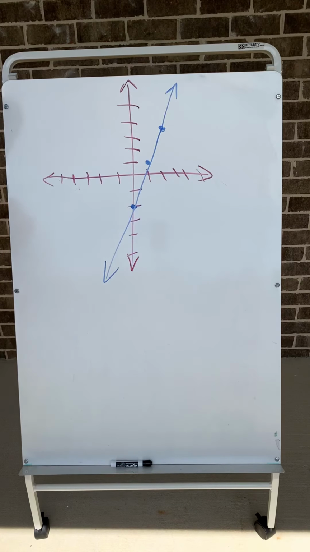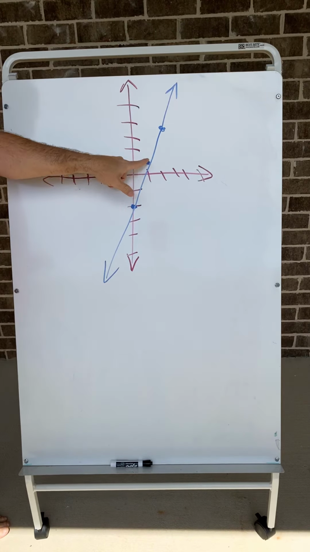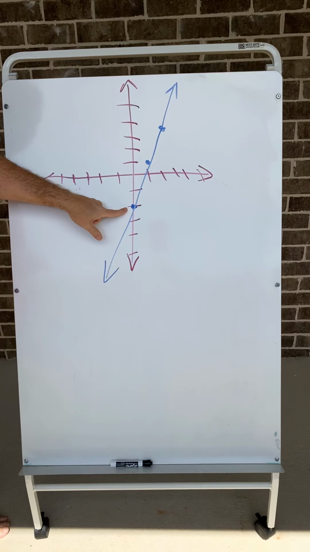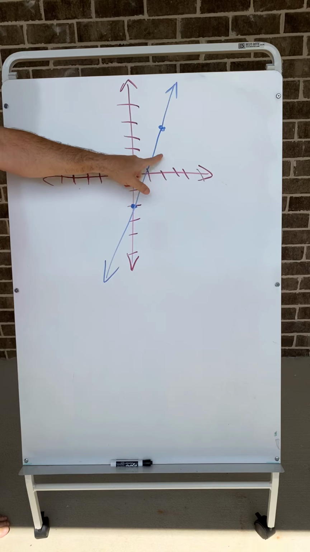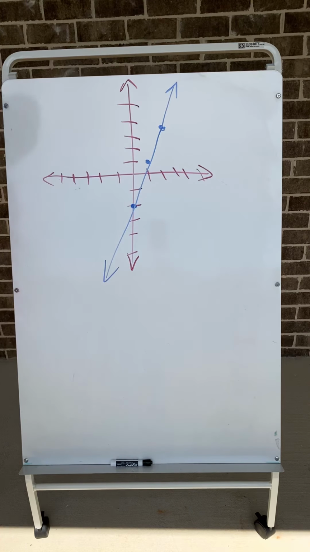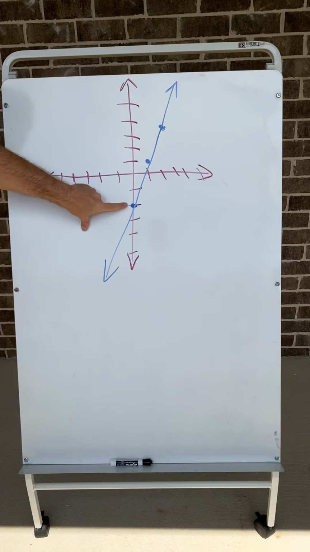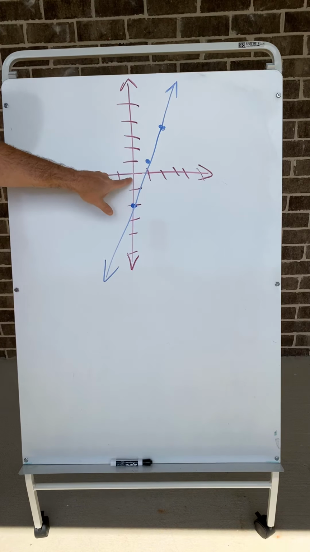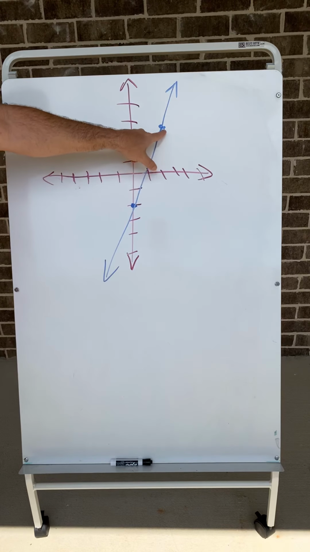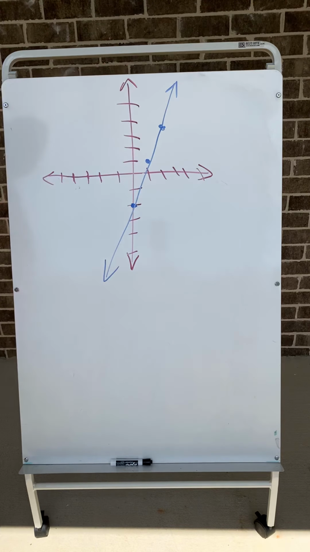So my points are at down 2 on the axis, then over 1, up 1, and this one is over 2, up 4. Once you get your graph drawn, you go down 2, put a dot, go over 1, up 1, put a dot, go over 2 and go up 4 and put a dot. So there's your dots. Connect your lines, and then pause it and see if you can give it the equation.